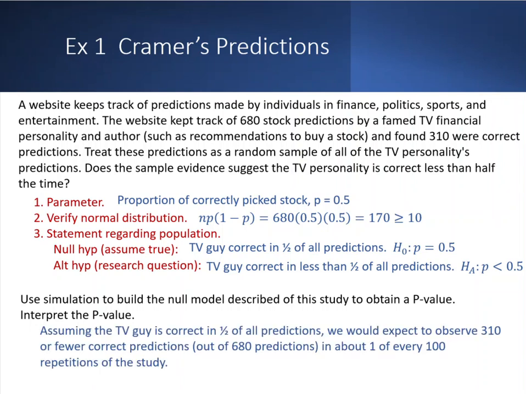So, assuming that our TV guy is correct in half of all of our predictions, we would expect to observe 310 or fewer correct predictions only in about one of every 100 repetitions of the study.